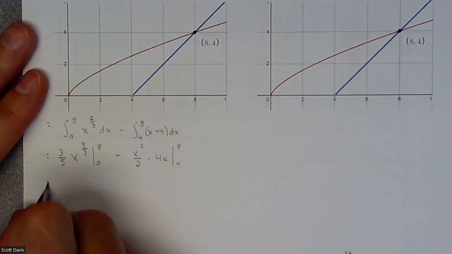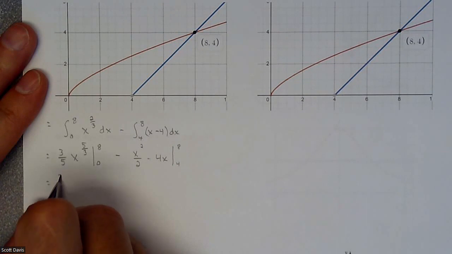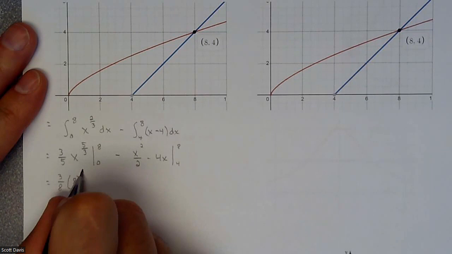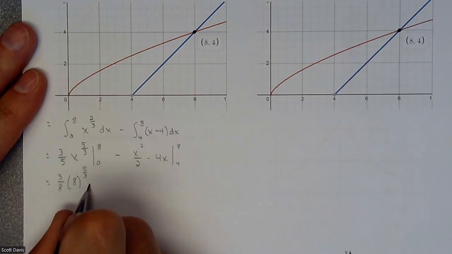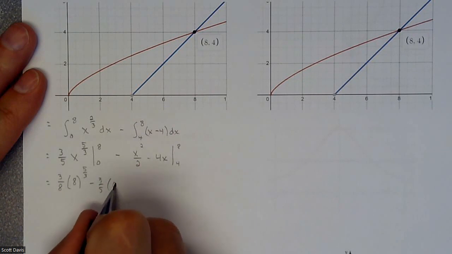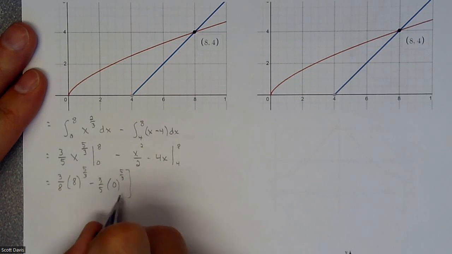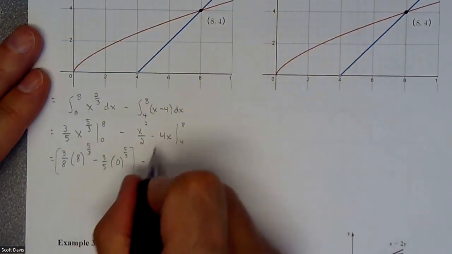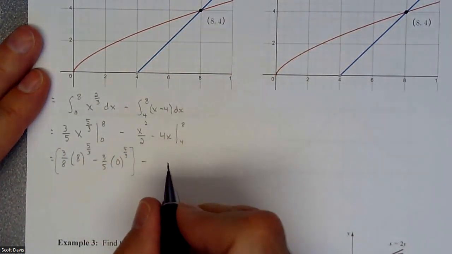On this one, we're going to plug in 8. So we're going to take 3/5 times 8 to the 5/3 minus 3/5 times 0 to the 5/3. Right, that's the area of the whole thing under the red, but we are extra by this much, so we need to figure out that area.